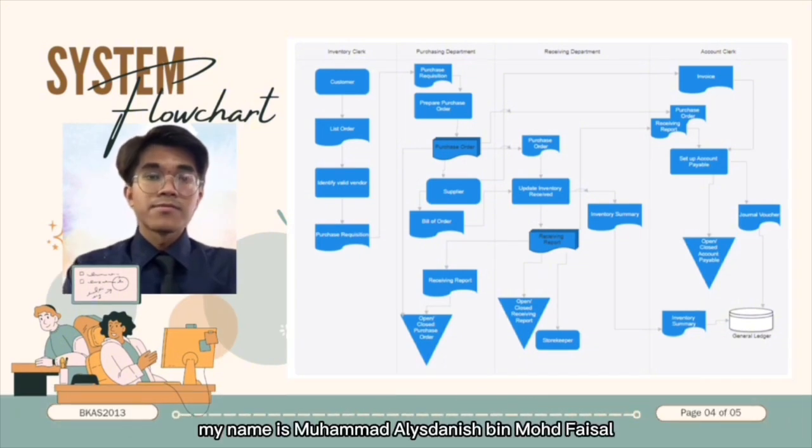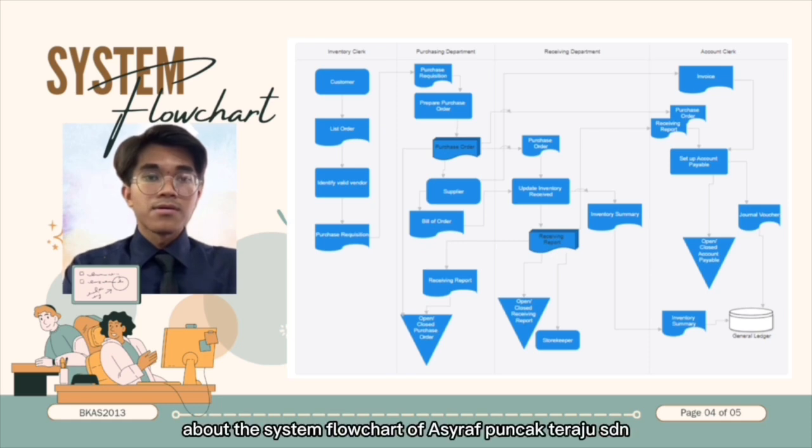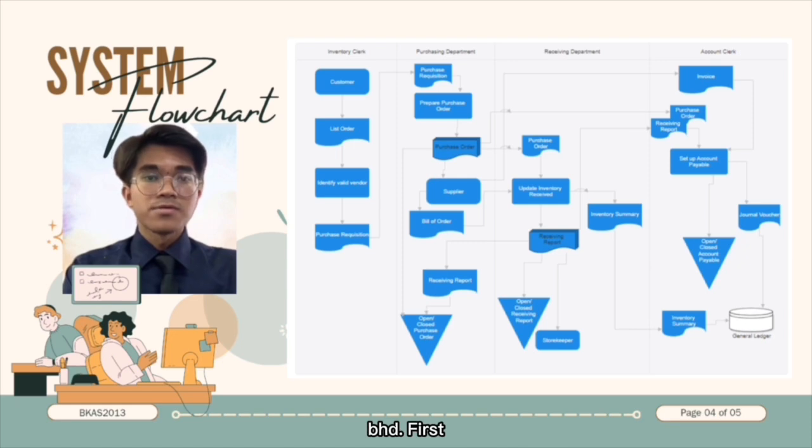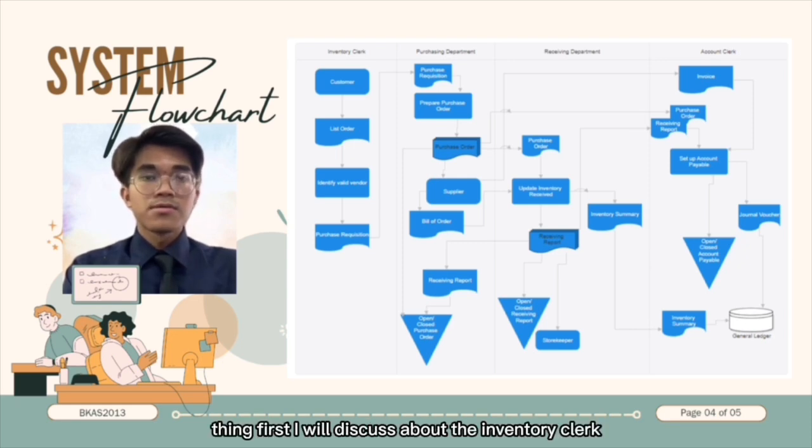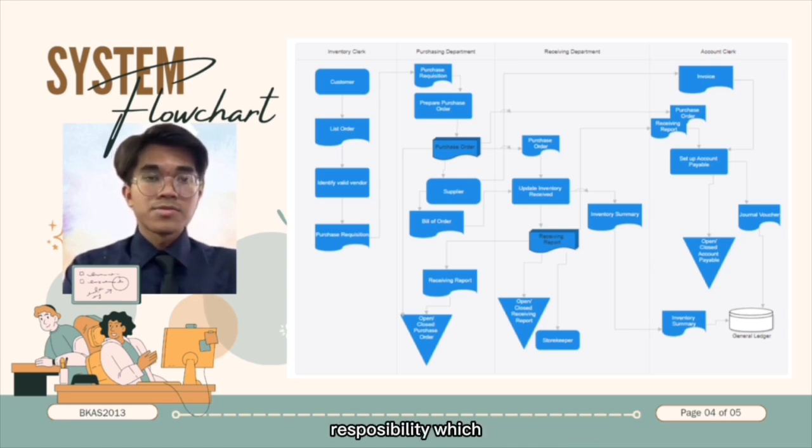My name is Muhammad Aris Danish bin Muhammad Faisal, and I will discuss the system project of Ashraf Puncak Teraju Sdn Bhd. First, I will discuss the inventory clerk's responsibility.